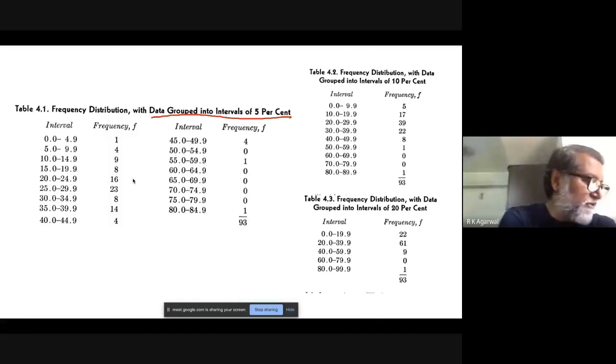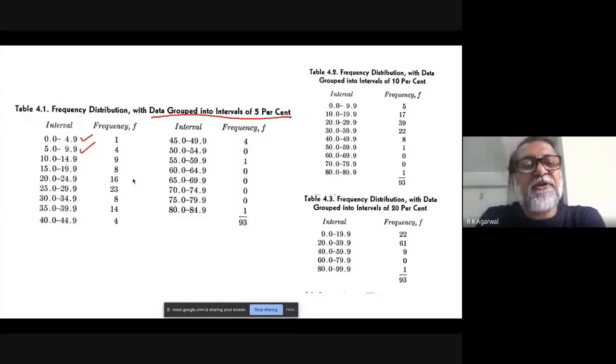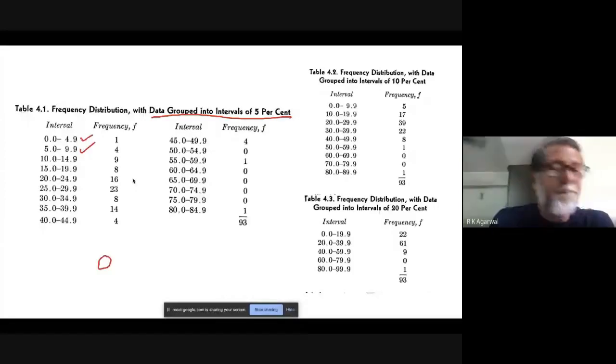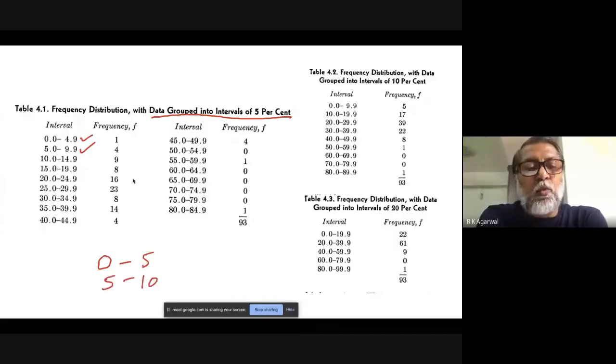For example, from 0 to 5, 5 to 9.9, you could have also written, instead of 9.9, you could have written 10. Instead of 4.9, you could have written 5. But if you have written 0 to 5 and then 5 to 10, then which class will you categorize a value which is equal to 5? The first class or the second class?